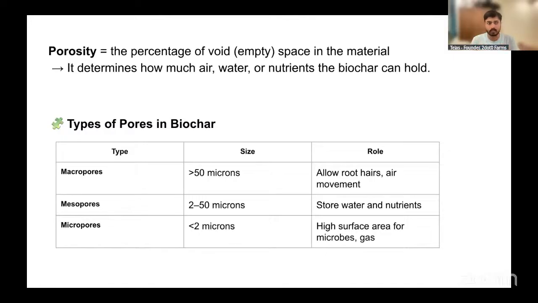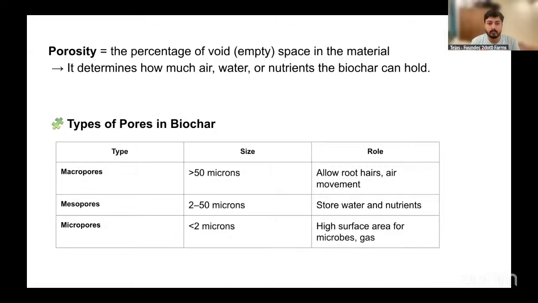All the pores are finely ground into powder. But those pores are also important. So when someone asks whether we should grind all of our biochar into a powder before putting it in our soil, maybe not necessarily, because pores also have a role to play.